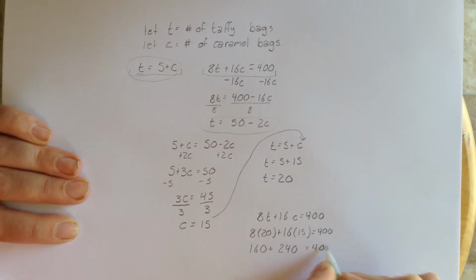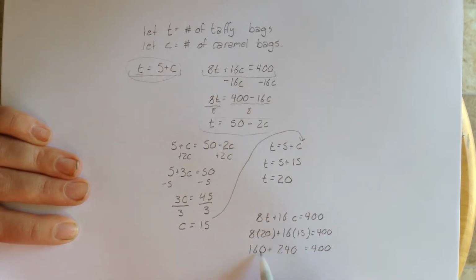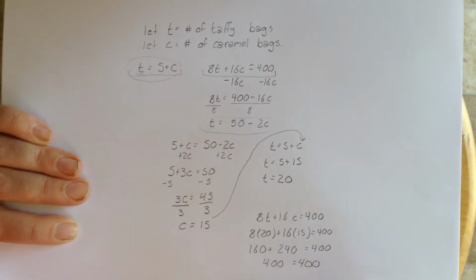Is that going to equal 400? Let's see, 100, 60 and 40 is 200, and 200, yep. 400 equals 400. So, that worked out.